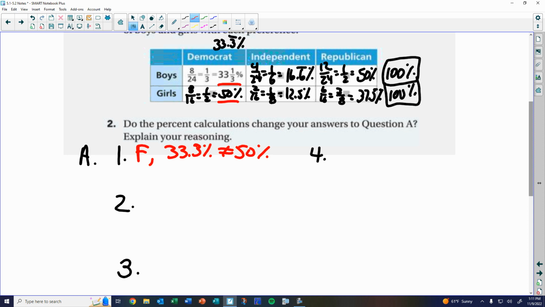Boys are more likely than girls to be independent. Look at the percentages. 16.6% is bigger than 12.5, right? Not by much, but it's still bigger. That doesn't change anything.